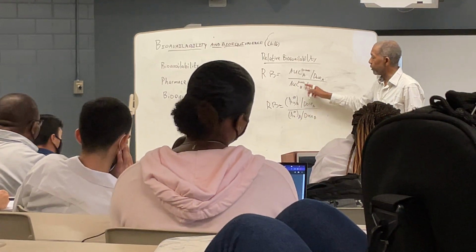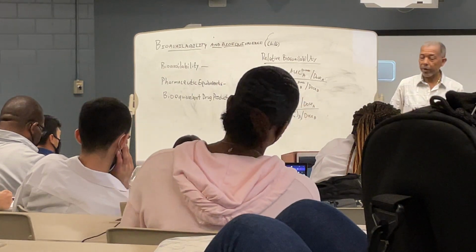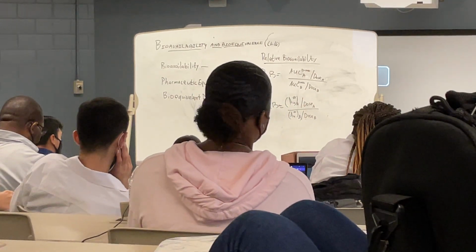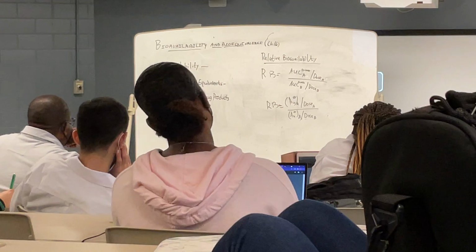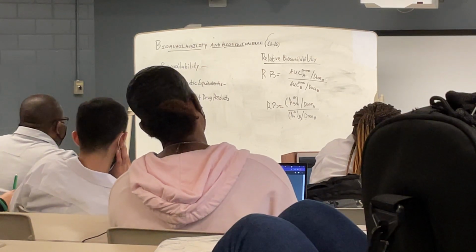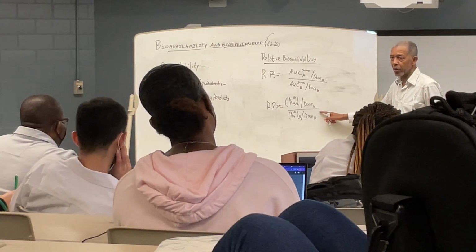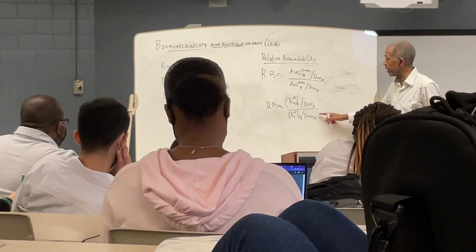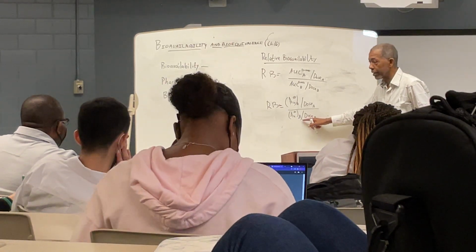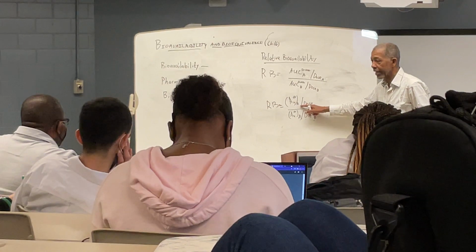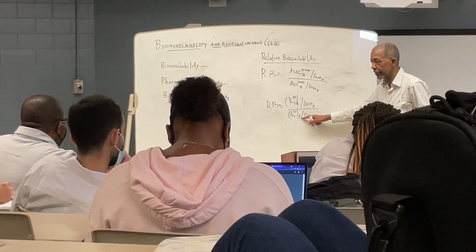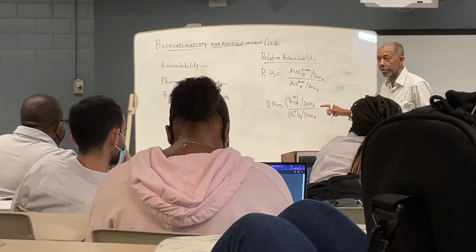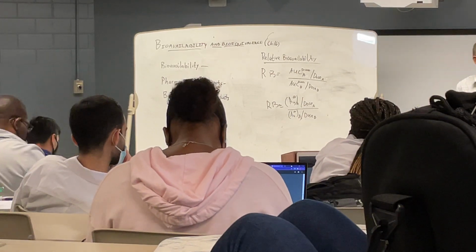So there's two different ways we can measure relative bioavailability. Two common ways at least. Again, this can exceed 100%, but normally it's going to be somewhere between 0 and 100%. But again, if the test product A outperforms the reference standard, then this ratio will be bigger than 100%. Okay? All right, very good.